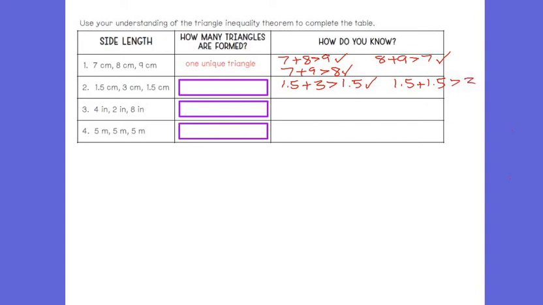That has to be greater than 3. What is 1.5 plus 1.5? 3. Is 3 greater than 3? No. So that failed. I don't even need to bother doing the third inequality because I know now how many triangles are formed. 0. No triangle is formed.